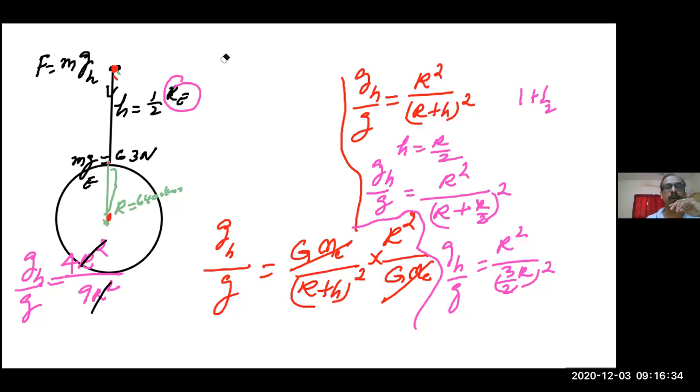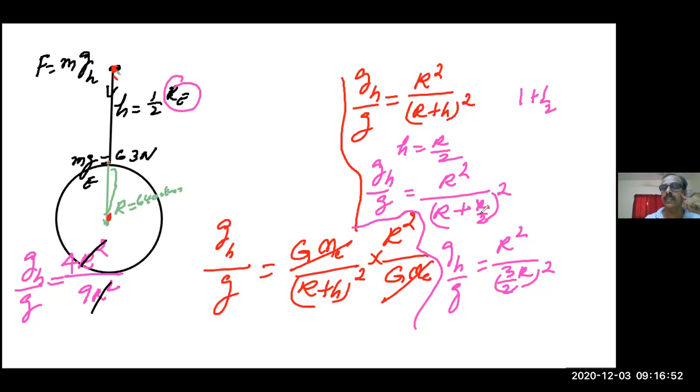Sir, can you explain this again from the height part? From here, height h is equal to R by 2. Substitute h as R by 2.